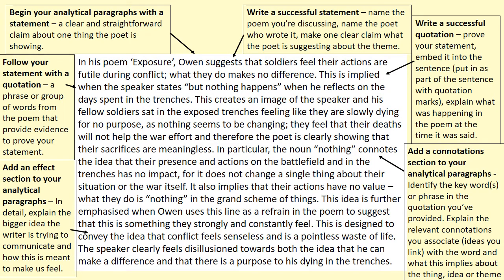So this Waggle goes over 3 slides, so bear with me. This is the main part of the first paragraph about the first poem in the comparison. What I've tried to do here is draw arrows to the bit of the paragraph that demonstrates where each possible target you might have been set has been implemented in this paragraph.